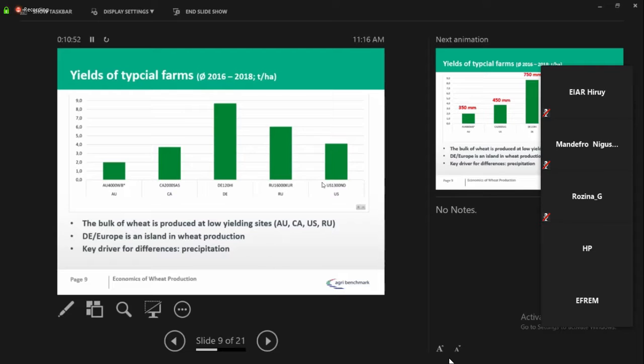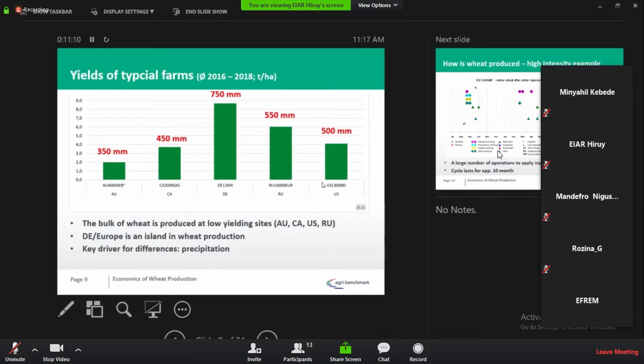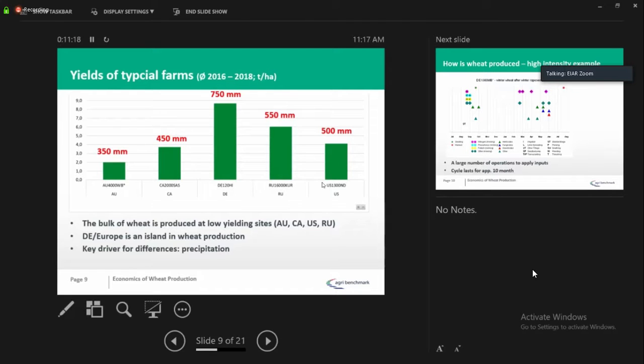Yeah? And if you see those differences, you start wondering, don't they know their business? Well, what's going wrong with the Australians? And that is the answer to that question. These are rough figures of precipitation that those typical farms enjoy. And you see these enormous differences between Australia, 350 millimeters in that range, and up to 750 in Germany.